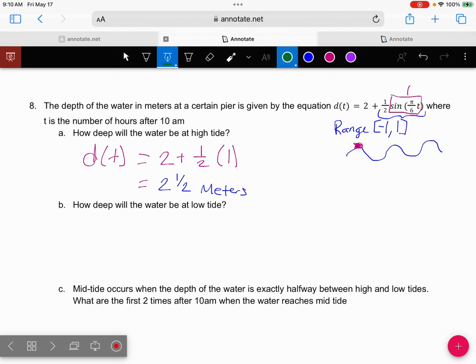Part B is almost the same. If we're looking at low tide, how low can the sine function go? What is its lowest? -1. So again, looking at my function, if my sine function goes to its absolute lowest, how deep will the water be at low tide?